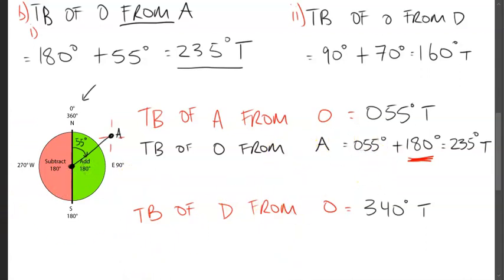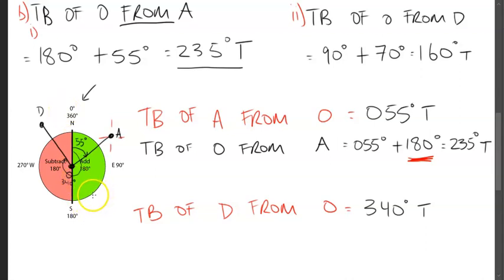And if it's within the second half, which we have in this example here, the true bearing of D from the origin, so we started at the origin, which is here, 340 degrees is roughly there-ish, give or take. So this whole thing that scoops right around is 340 degrees.